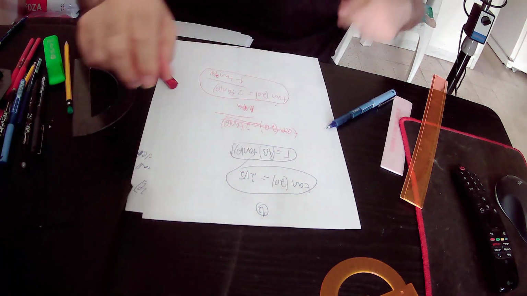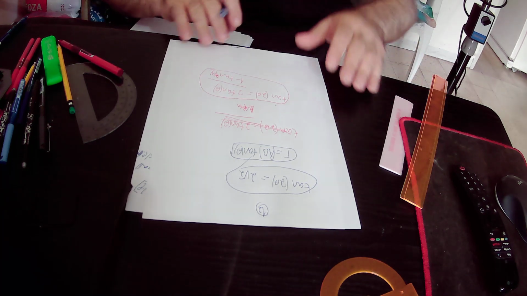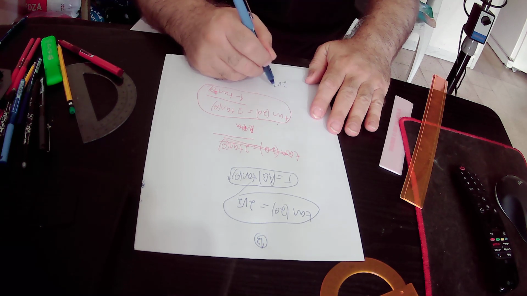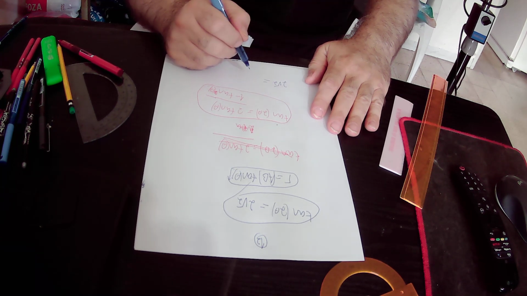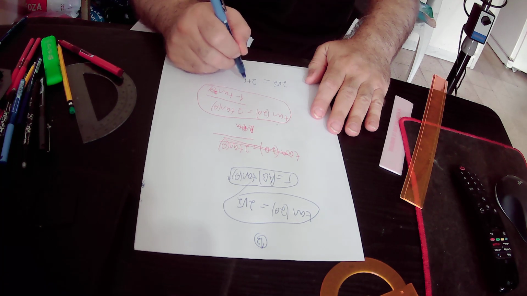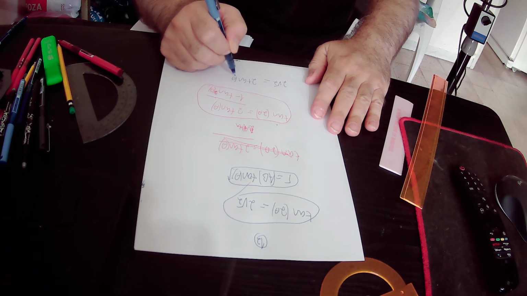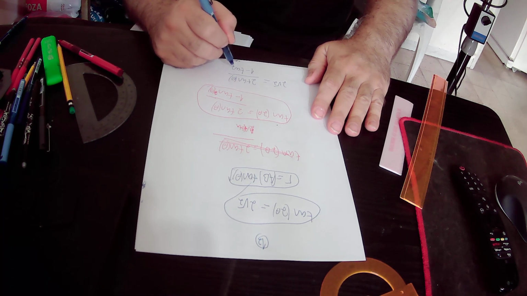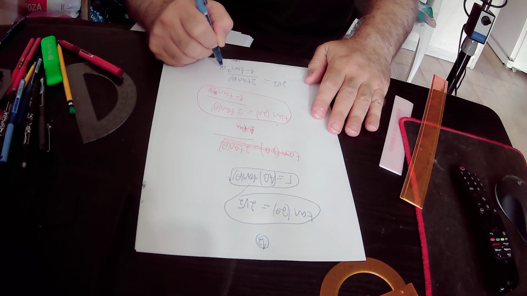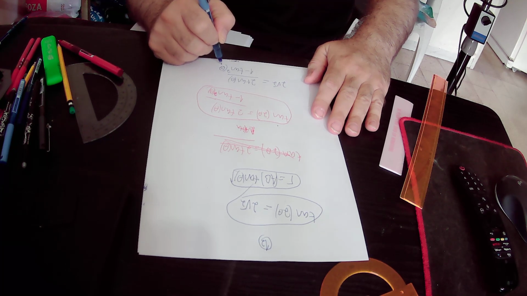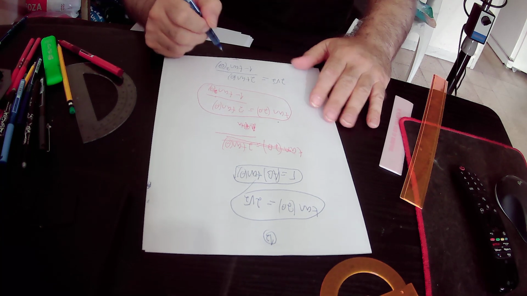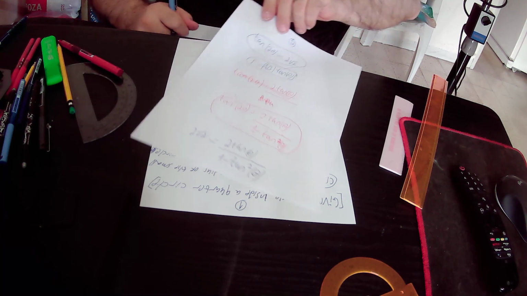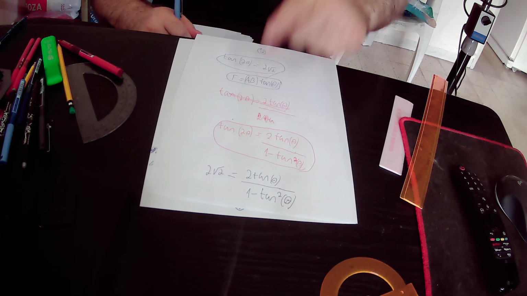We get that it equals 2 tangent theta over 1 minus tangent squared theta. Okay, we got this equality.